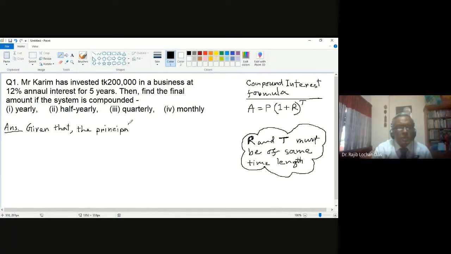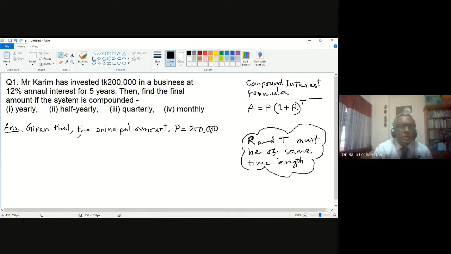The principal amount is actually the original investment. So principal amount is called P. This is given, 2 lakh taka. So this is one thing given.